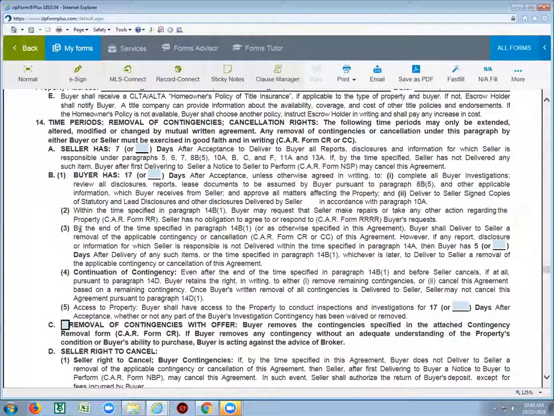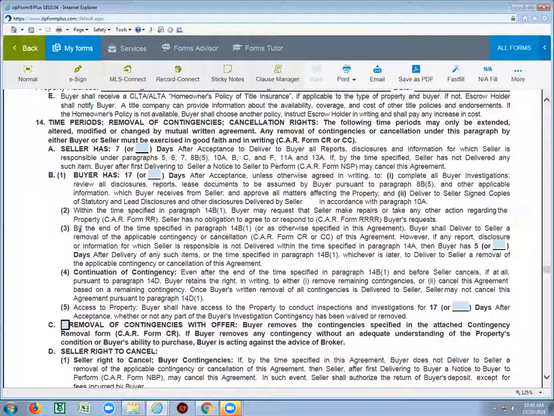If the seller delivers any report more than 7 days later, then buyer has 5 days after delivery of any such items, or the time specified in paragraph 14B1, whichever is later.